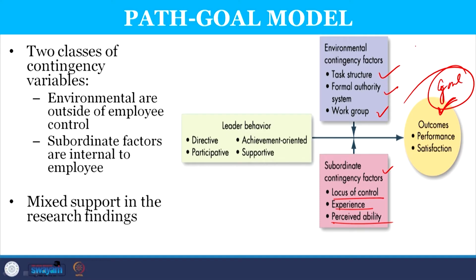Some variables are environmental, which will not be within the control of the leader, and certain variables are specific to the subordinate, which will to some extent be within the control of the leader. So, what we are learning here is the path goal model of leadership.